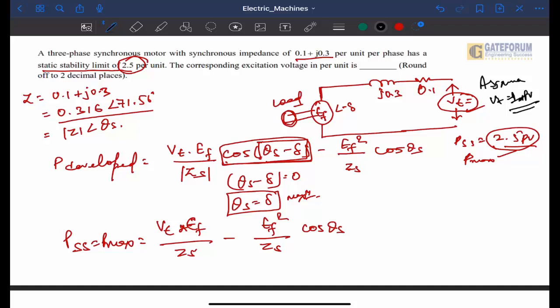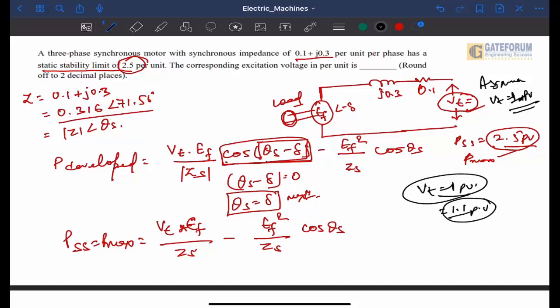It shall be given because without knowing the terminal voltage, one student can guess 1.1, another can guess 1 pu. It is not in volts, it is in per unit. Since everything is given in per unit, we have to assume Vt equal to 1 pu. But some student may assume 1.1 pu, and conceptually both are correct, since IIT has not mentioned terminal voltage.